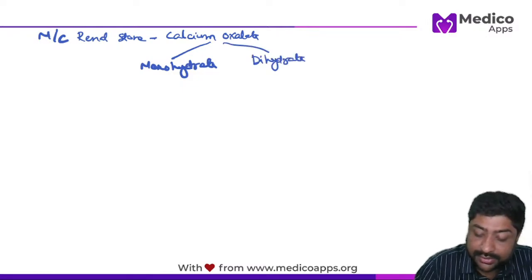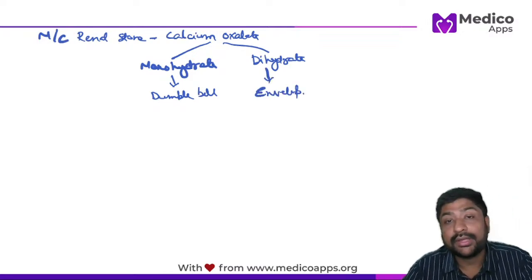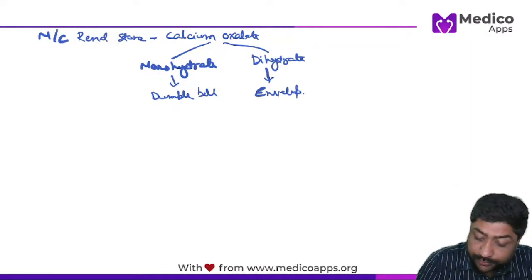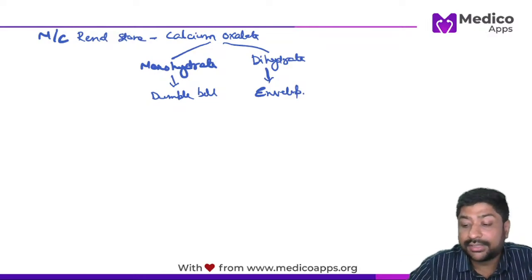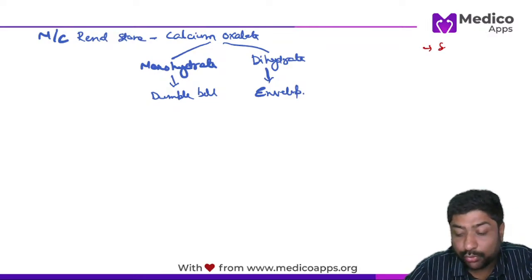And we already have seen monohydrate is dumbbell shaped crystals, and dihydrate is your envelope shaped crystals. Okay. So few other important points. For every stone, there are certain things which you have to remember. You have to know the shape of the crystals for every stone.